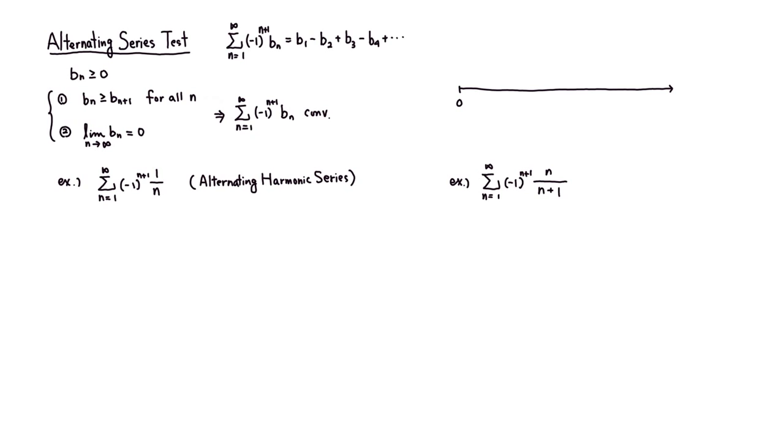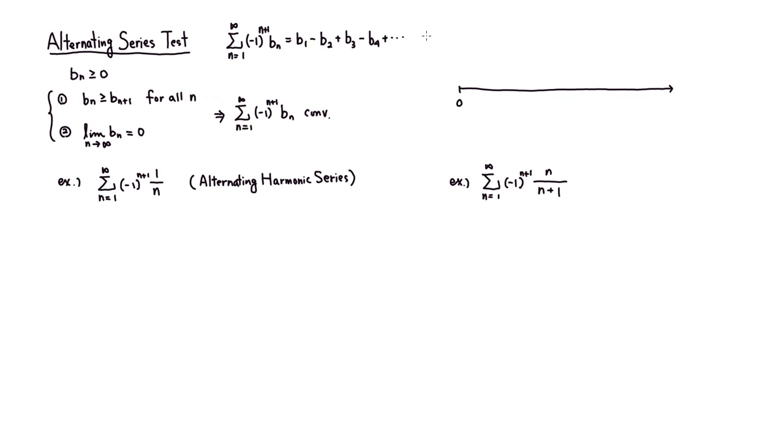The typical notation is the summation from n equals 1 to infinity of negative 1 to the n plus 1 times bn. The negative 1 to the n plus 1 part controls the sign of each term, and bn is just the positive part of each term. Then you're going to have b1 minus b2 plus b3 minus b4 plus b5 and so on. So that's an alternating series.